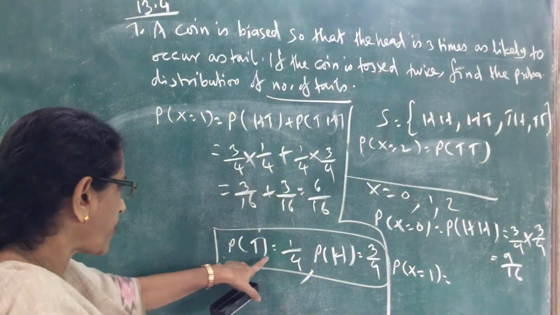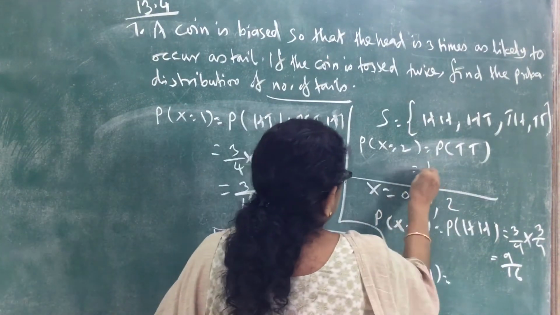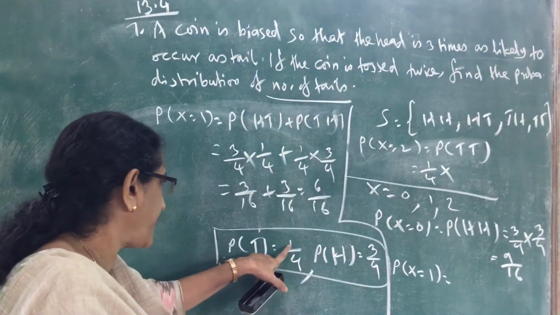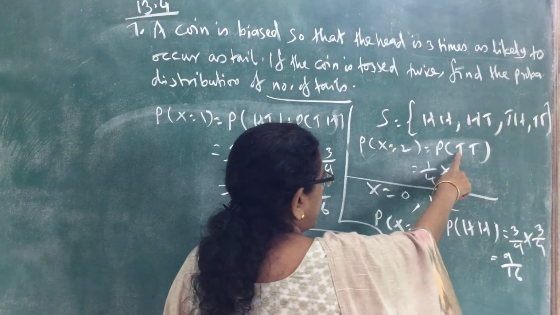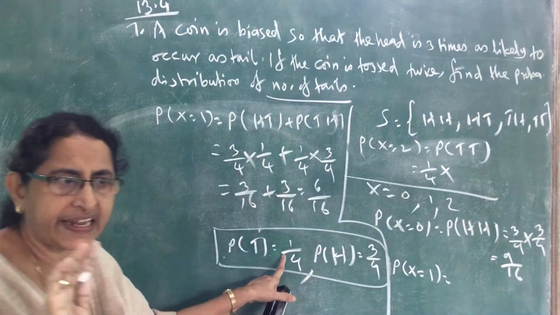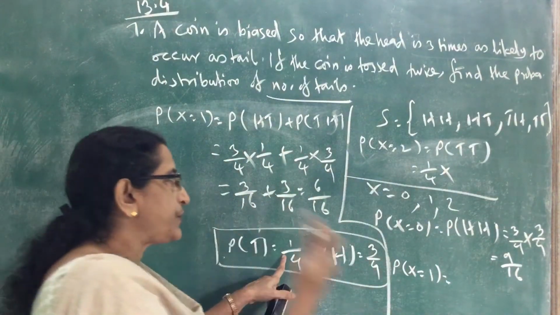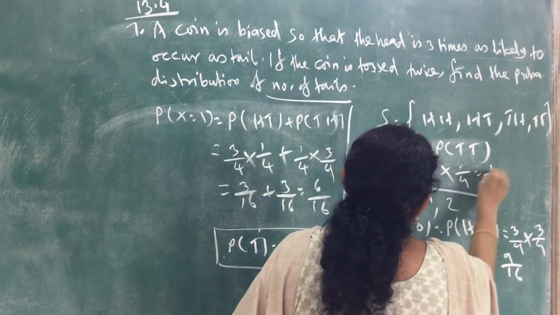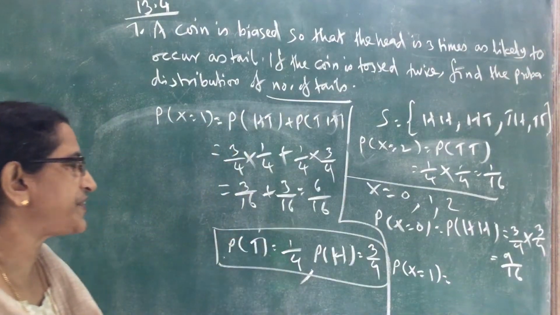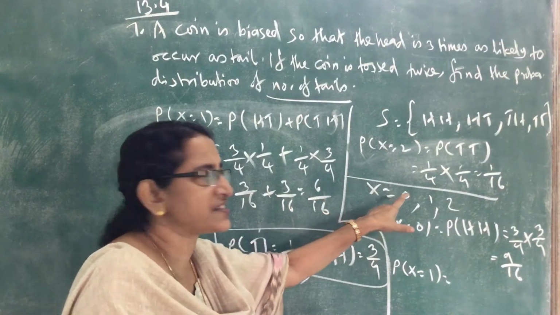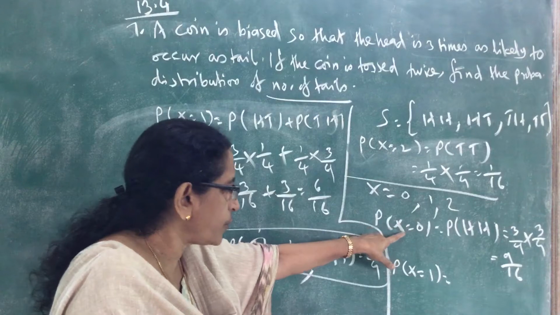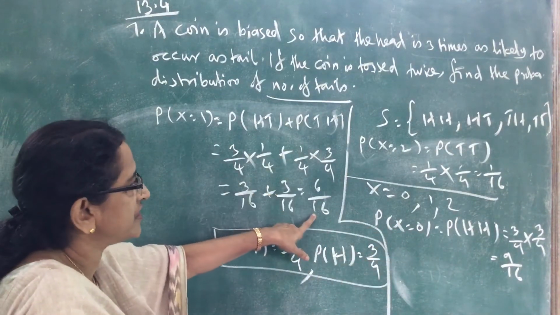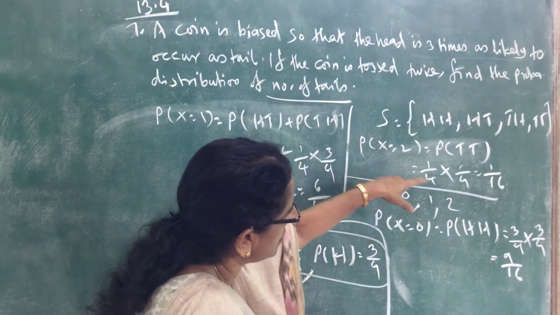So getting tail probability is 1 by 4, into second toss also getting tail, 1 by 4. So 1 by 4 into 1 by 4 is equal to 1 by 16. So these are the probabilities. Possible values of X are 0, 1, 2. Probability that X equal to 0 is 9 by 16. Probability that X equal to 1 is 6 by 16. This is 1 by 16.